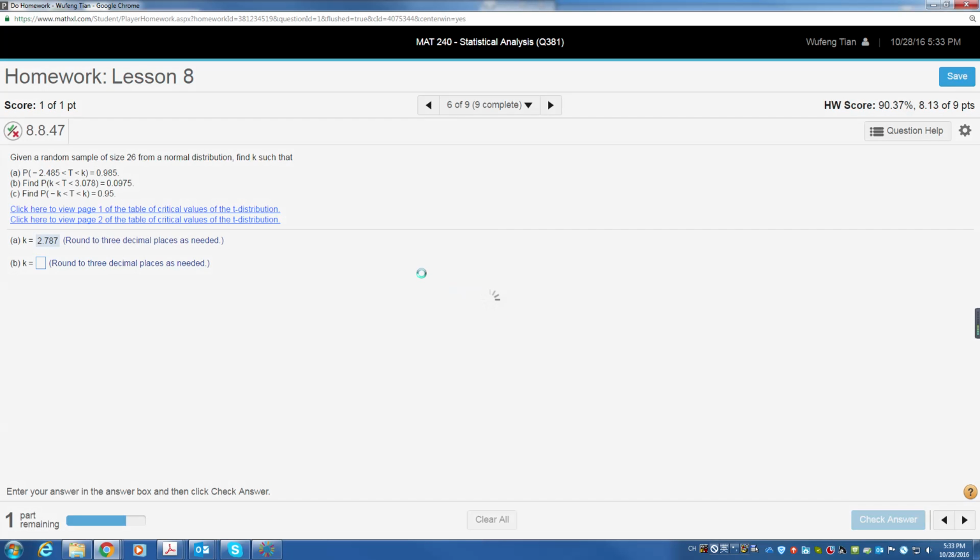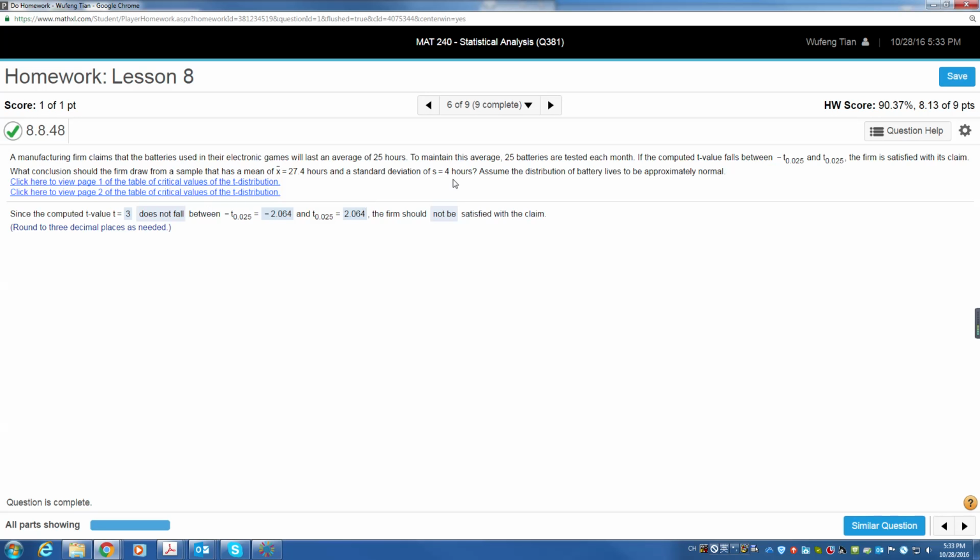Number 6 gives you a t value. A manufacturer claims that the average is 24 hours, and the sample x bar equals 25. Now it gives you t, negative or positive, and you find the t value yourself.